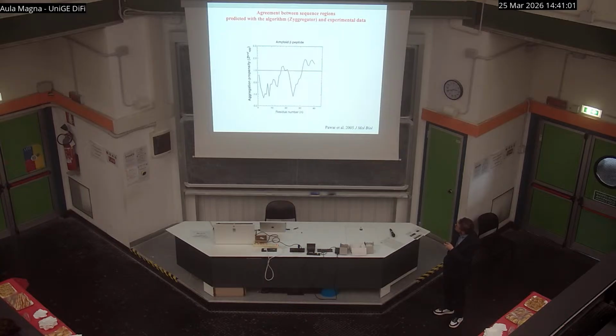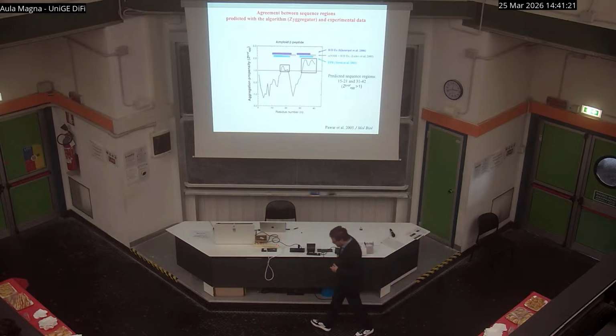And you can see that we have 2 peaks. These 2 regions of the sequence, 15 to 21 and 31 to 42, are predicted to have a high aggregation propensity, just based on this Aggregator algorithm. And we compared the data with the experimental ones that we had at that time.